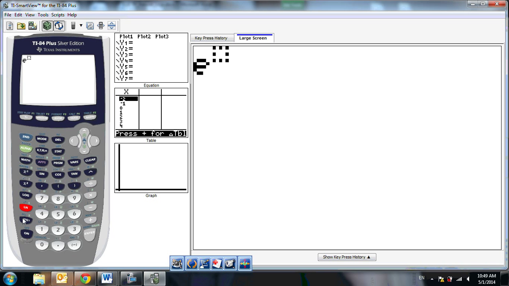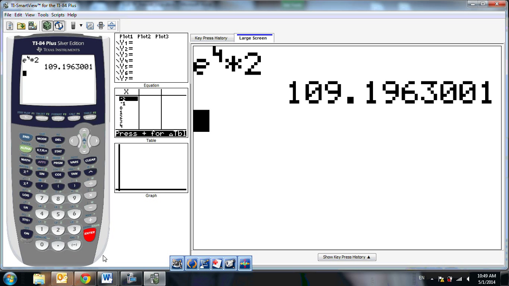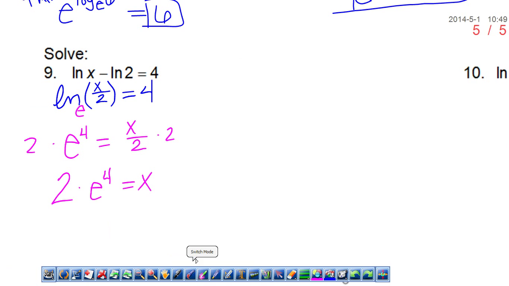So we want e to what power? 4. We want that whole thing times 2. I don't know why I entered it in backwards. You could have done 2 times e to the 4th. Same thing. And what do we get? Good. Go ahead and always round to the thousandths place. So this will be 109.196.